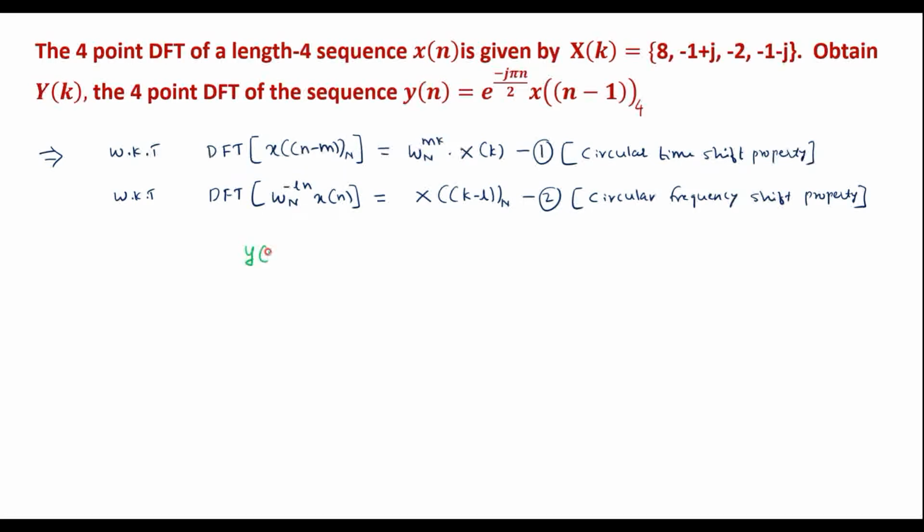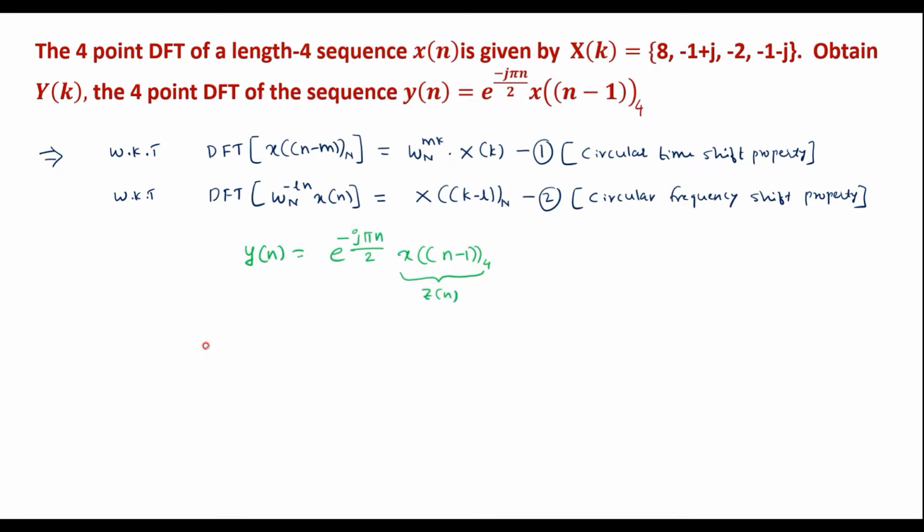So y of n is equal to e power minus j pi n divided by 2 times x of n minus 1 modulo 4. Now in this expression, we'll consider this as, say, z of n.